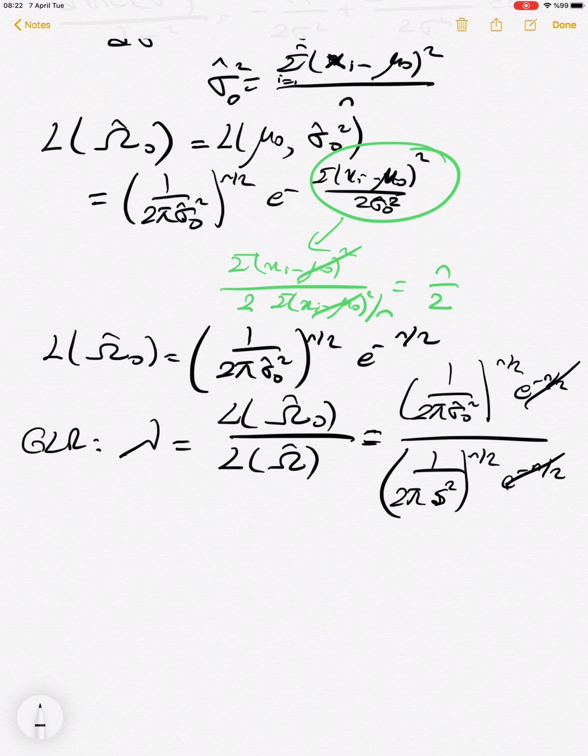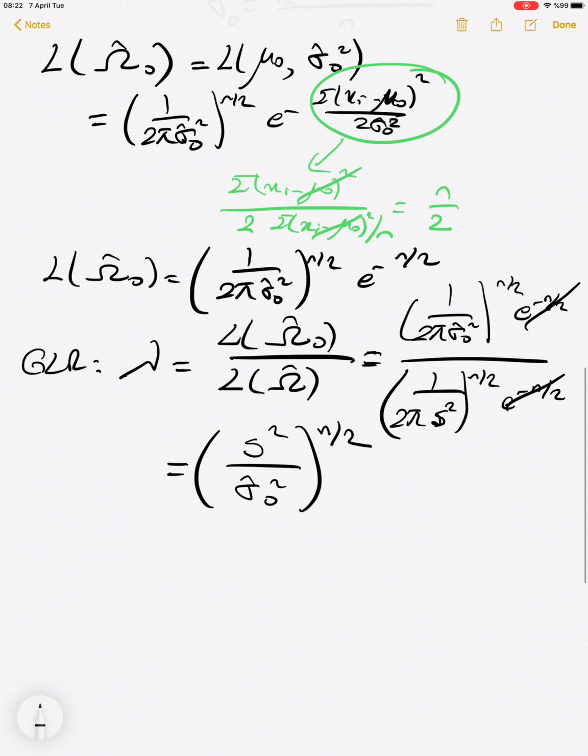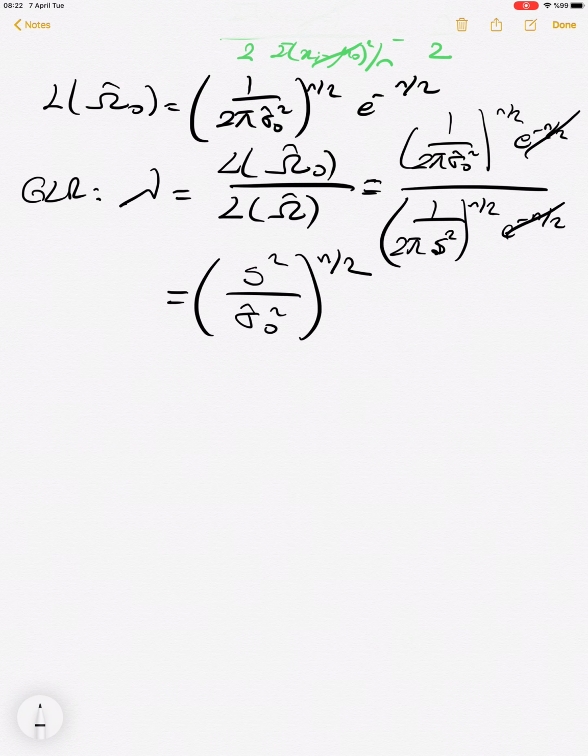So these cancel out, the 2 pi's cancel out, and we end up with (s square over sigma 0 hat square) to the n over 2. Now we have to write this generalized likelihood ratio in terms of one statistic.